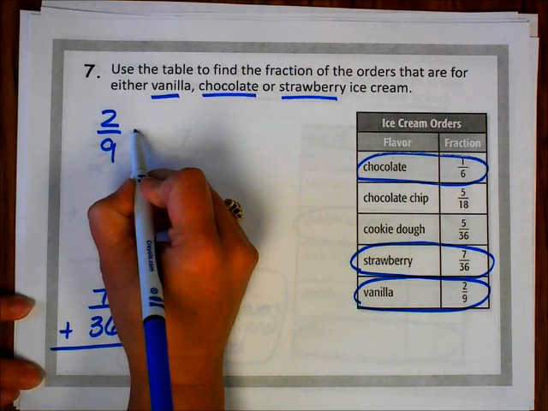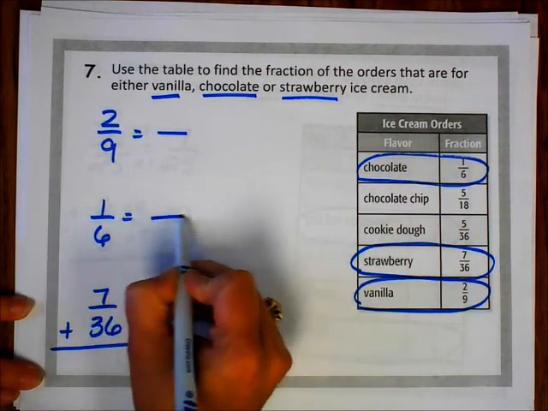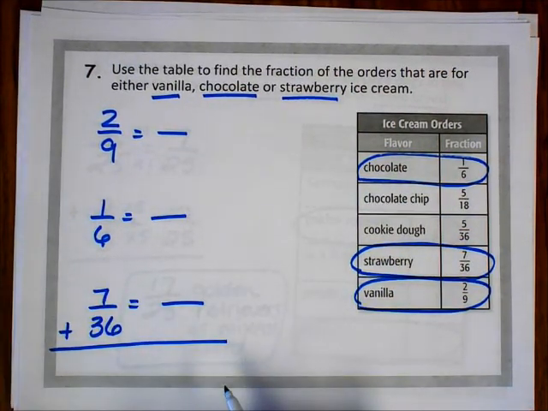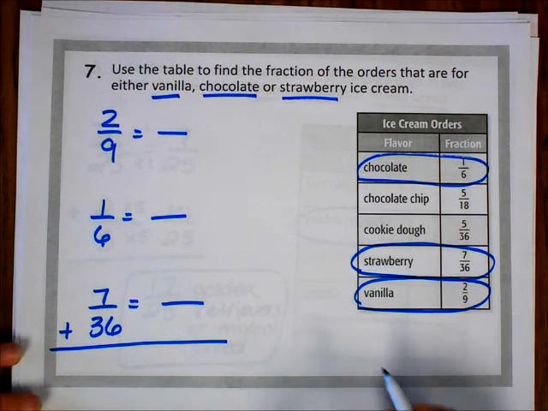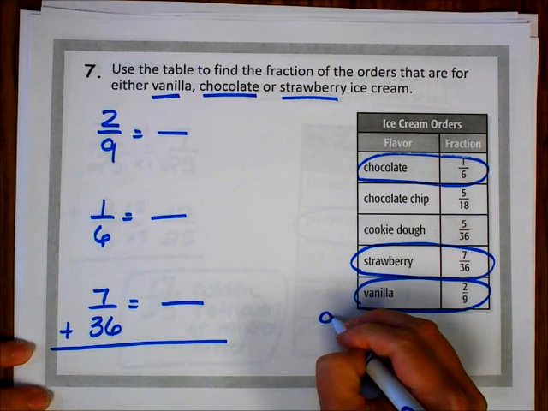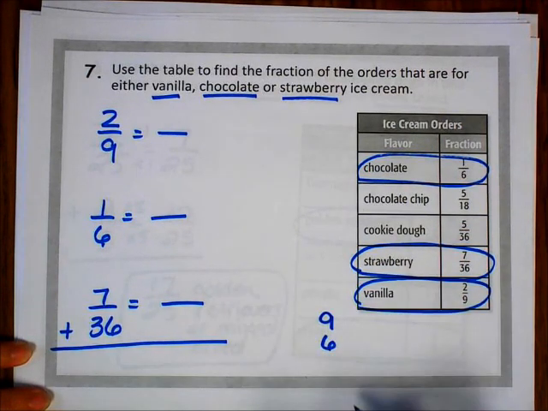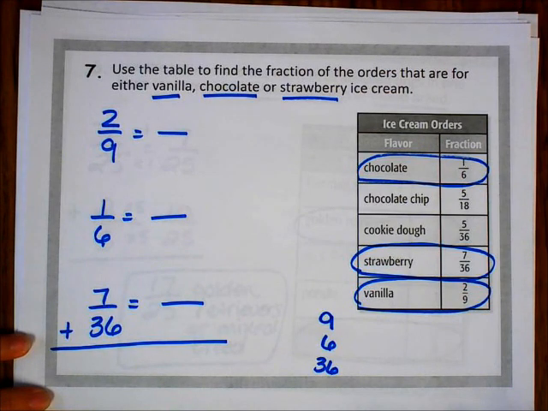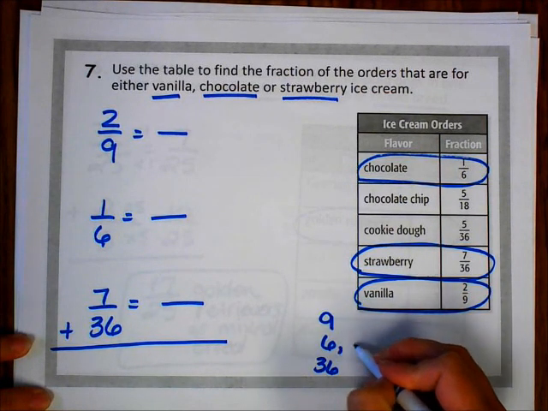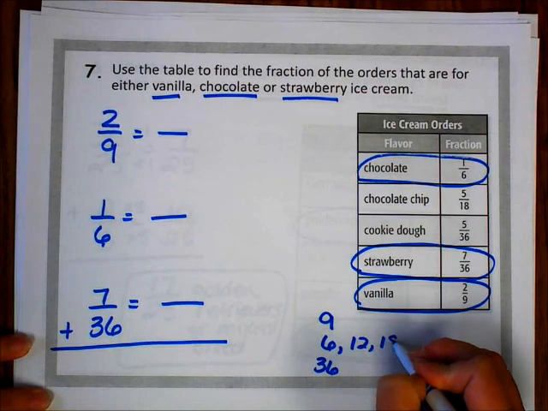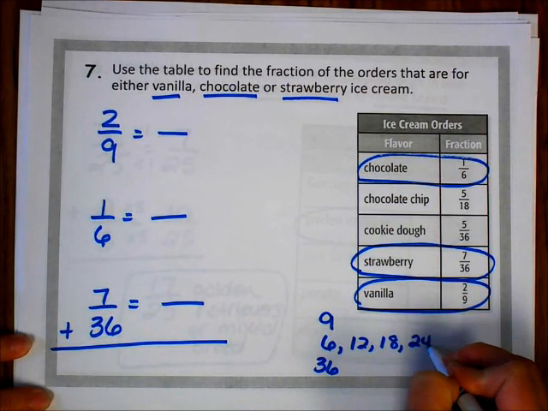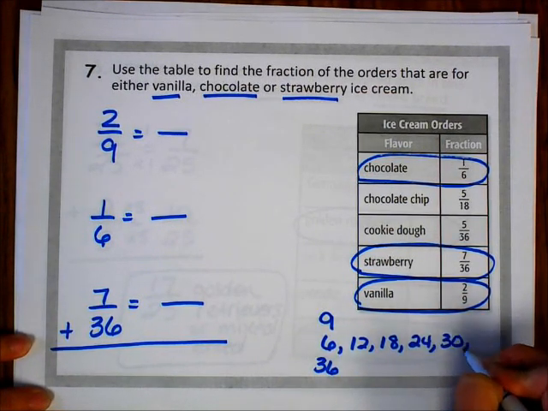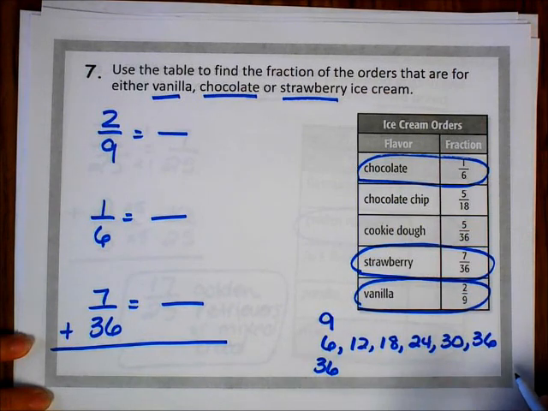This time I'm going to have to find 3 equivalent fractions. So first thing I need to do is find my common denominator. So I'm going to count by 9s, by 6s, and by 36s. I'm going to start with 6. 6, 12, 18, 24, 30, 36.